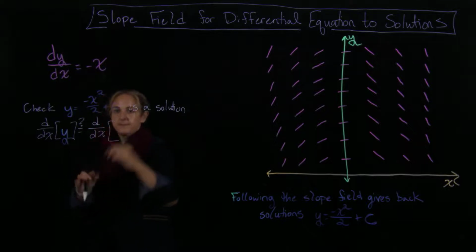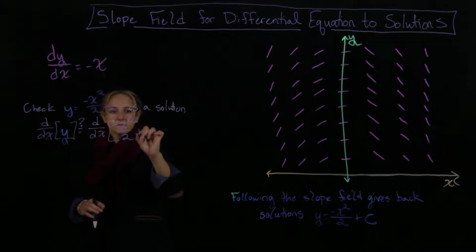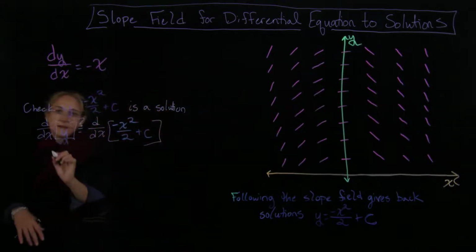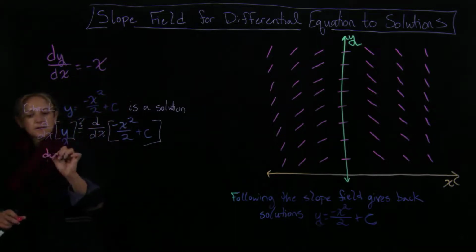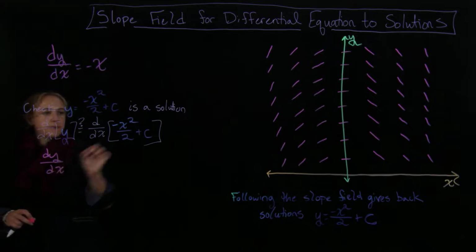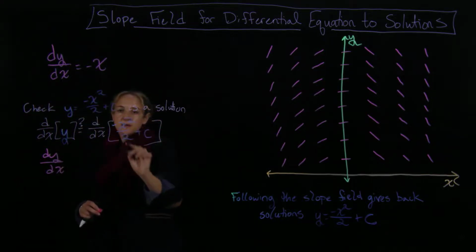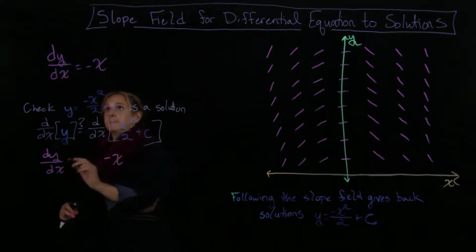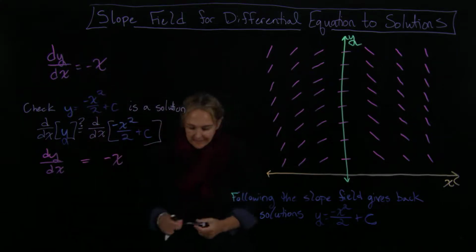So on this side, this gives us dy dx, which is exactly what we want. And on this side, the 2 comes down and cancels, so we get minus x, and then the derivative of c is 0. Okay, so this does work. Perfect. So this is a solution.